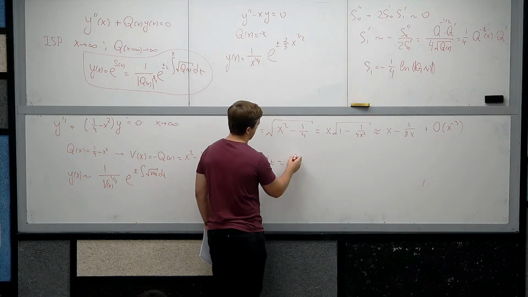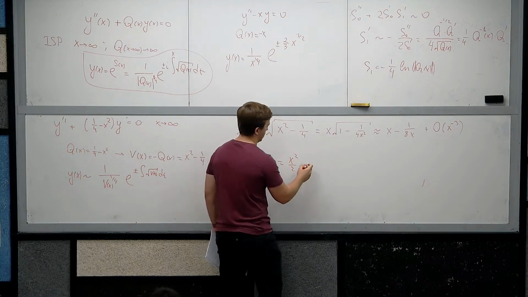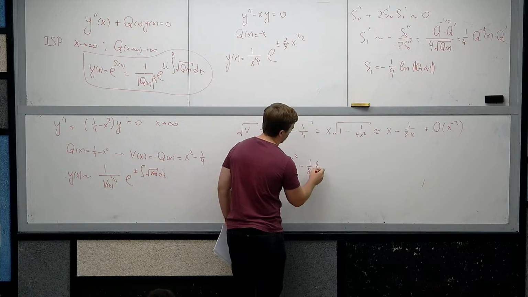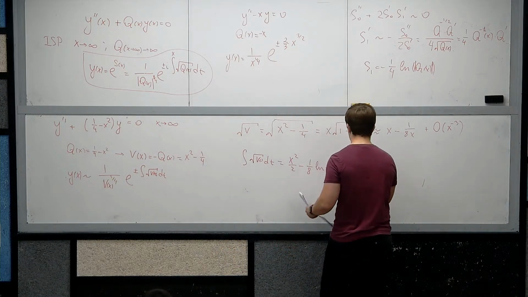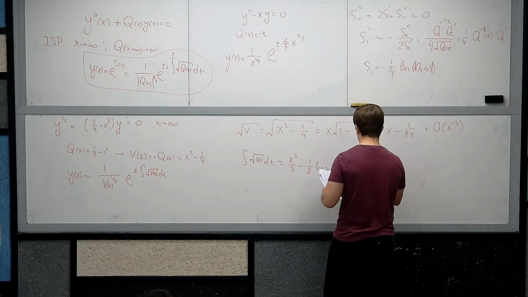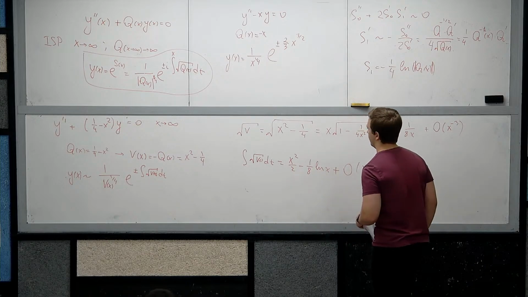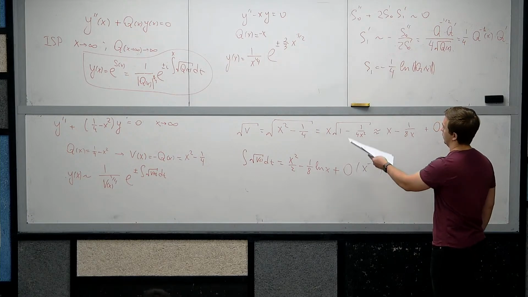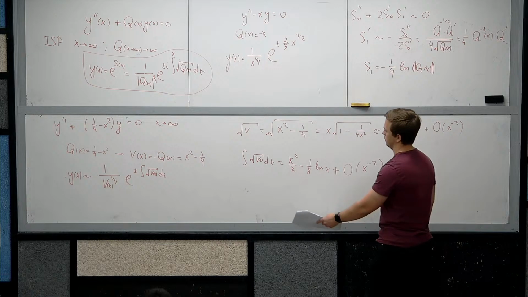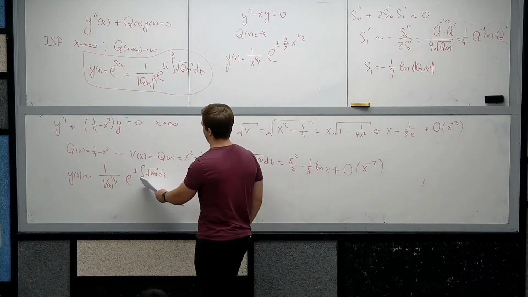We have x squared over 2 minus 1/8 ln x plus O of x to the minus 2. Okay. And then we need to put this into this formula.